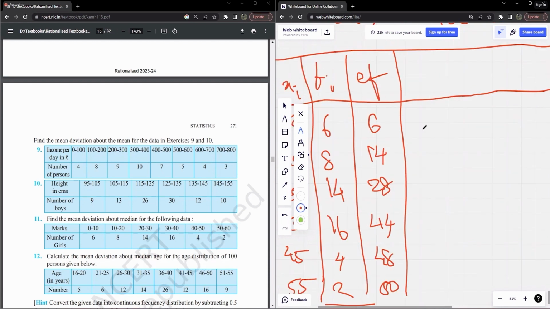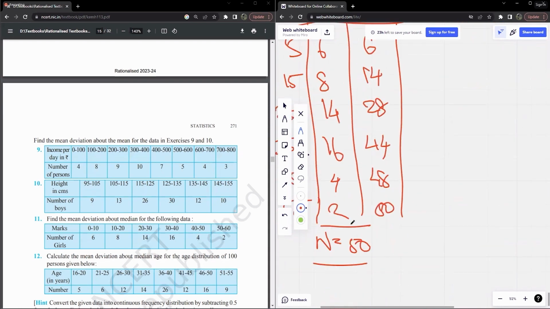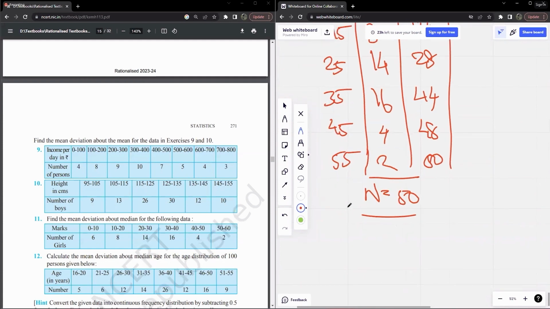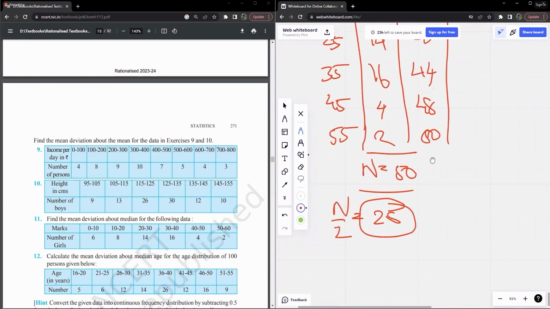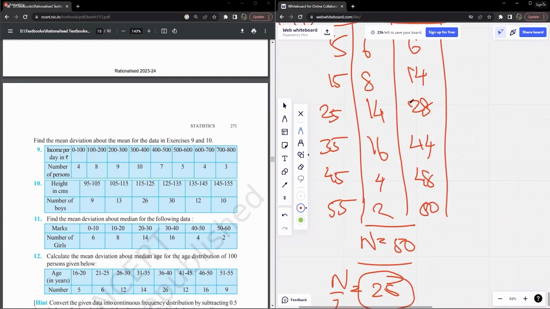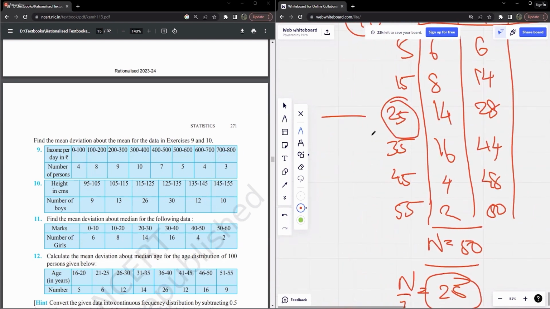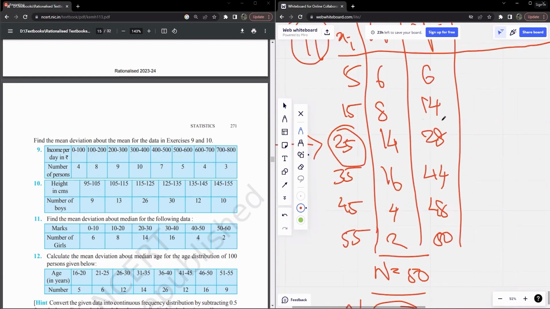Now, we find the class containing the N by 2th item. N by 2 is 25, and 25 comes in this class interval, the class interval for which Xi is 25. That is basically 20 to 30. Because for 15, the cumulative frequency is 14, but for 25, the cumulative frequency is 28.